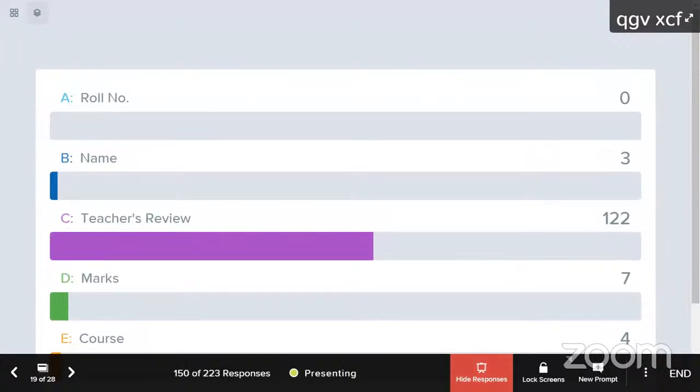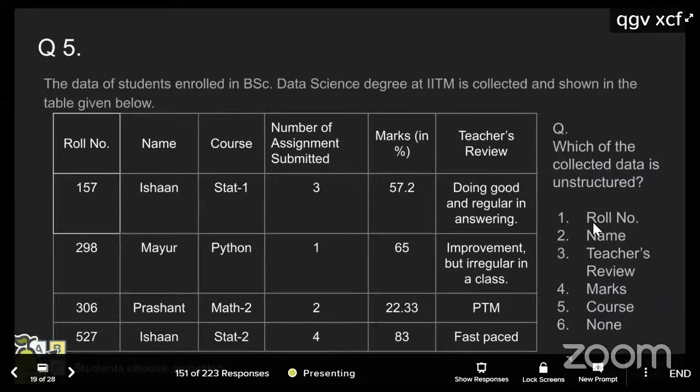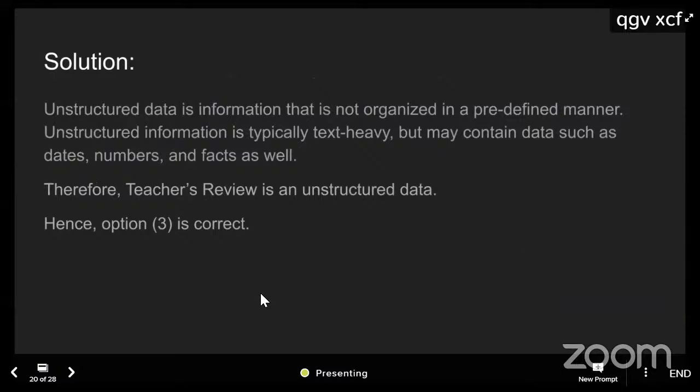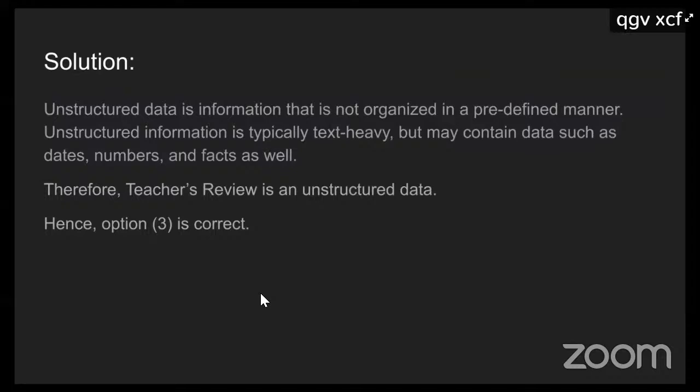Majority is teachers review. I think you got the concept of structured data and unstructured data, right? See, unstructured data is data that is not organized in a predefined manner. Unstructured information is typically text heavy but may contain data such as dates, numbers, facts.